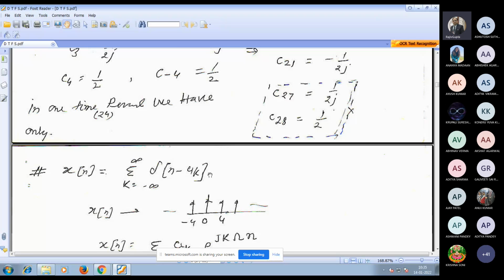Now look at the strength of the class. There are only 35 students out of 90. This is how the class is going on.